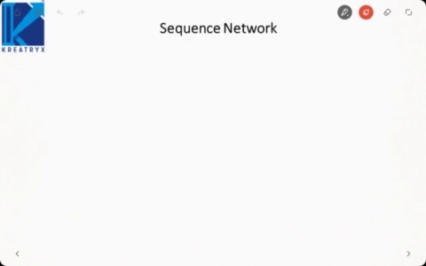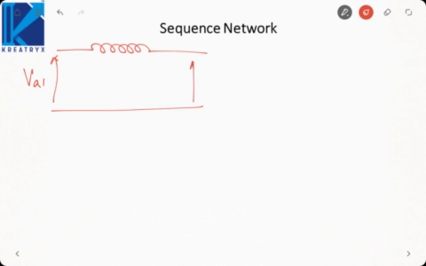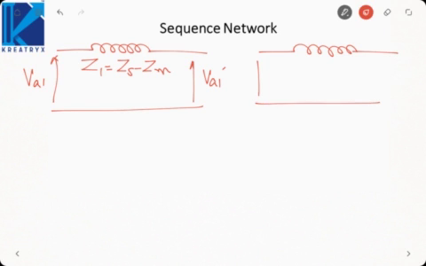So how will the sequence network look like? In positive sequence, we will have VA1, VA1 dash. Here we will have Z1 is equal to Zs minus Zm. Then negative sequence will have VA2, VA2 dash, Z2, which is also equal to Zs minus Zm.